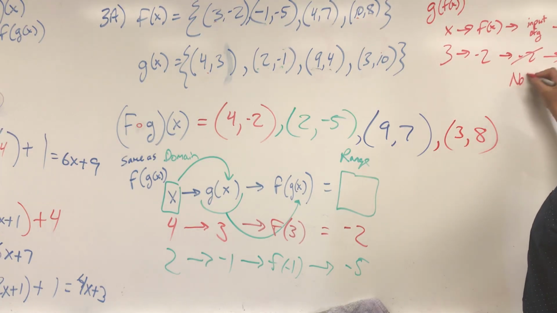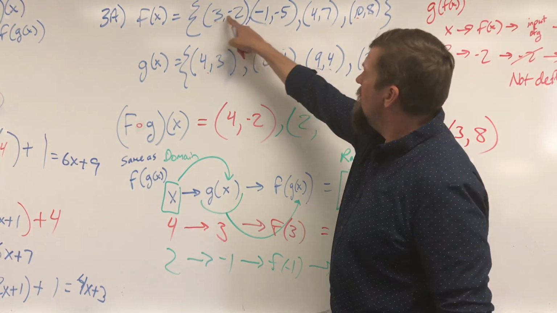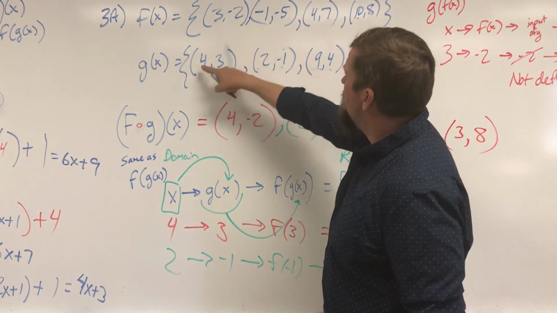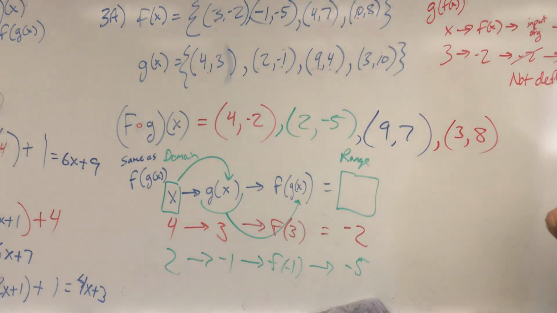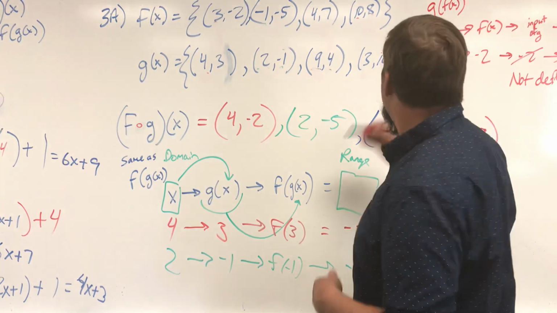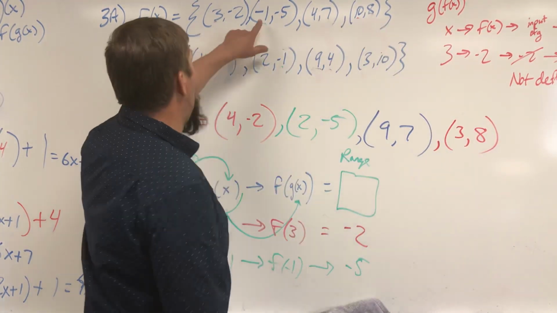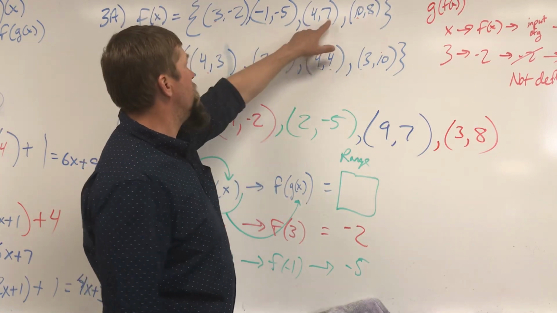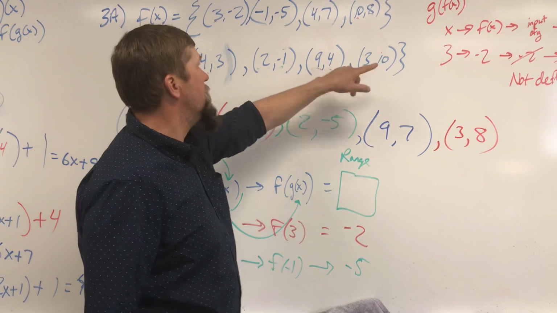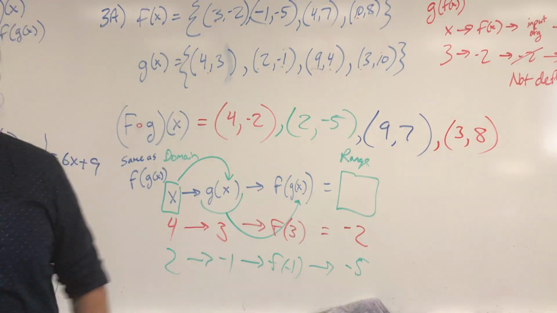So it's not defined. We could not finish it because 3 went in, -2 came out, but there are no -2's here to continue. We'd have to try all of them. If we put -1 in, -5 comes out, there are no -5's. 4 goes in, 7 comes out, there are no 7's. 10 goes in, 8 comes out, there are no 8's. So that one would be completely undefined.